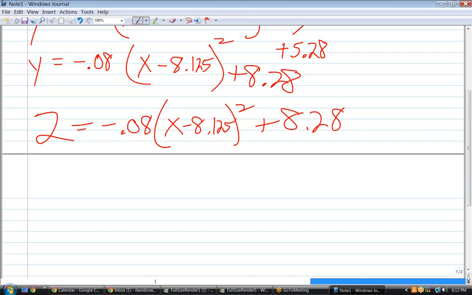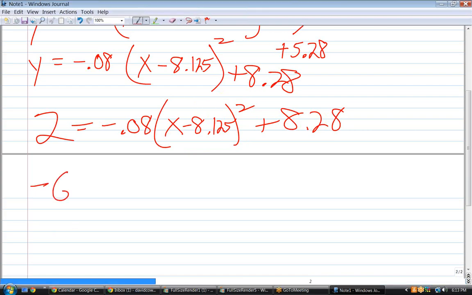What's the first thing I'm going to do? Multiply by 0.08? No. We want to try to isolate that quantity, because once I do, I can then take the square root of both sides. So I don't have to fool with factoring a quadratic or using the quadratic formula or anything. I've got to take this 8.28 and put it on the other side.